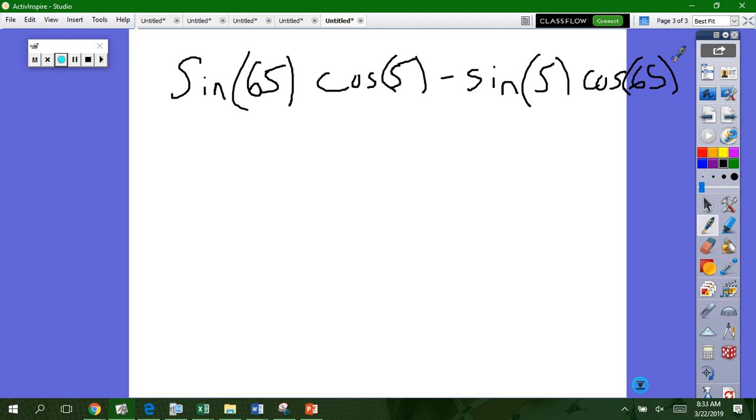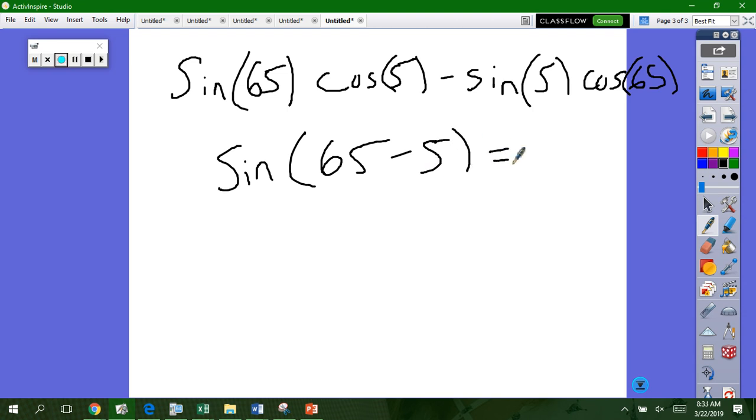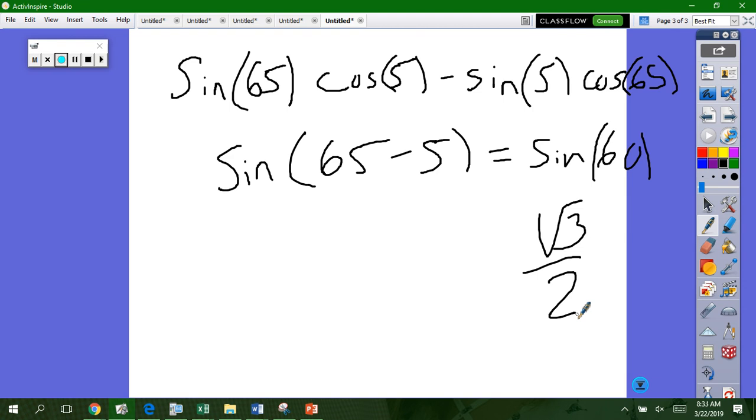So could I go backwards to say this is the same thing as sine of 65 minus 5, which is who? And do we know the sine of 60? What is the sine of 60? Any questions there?